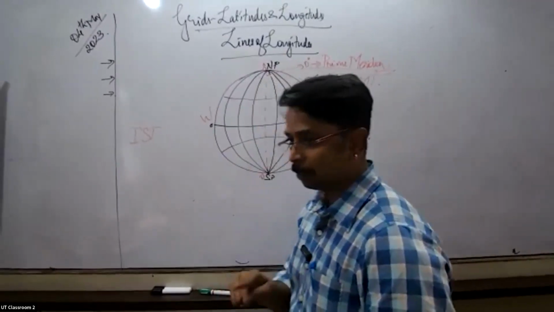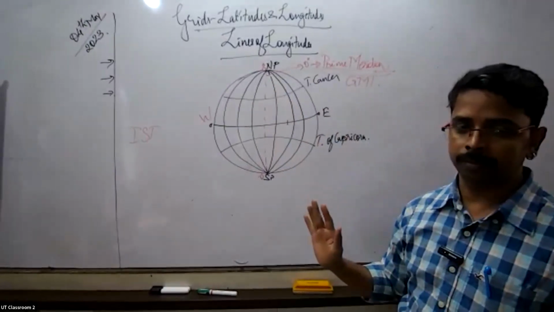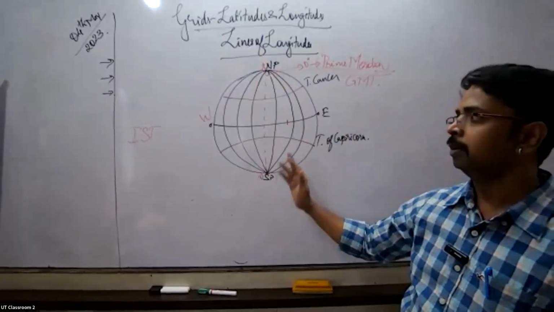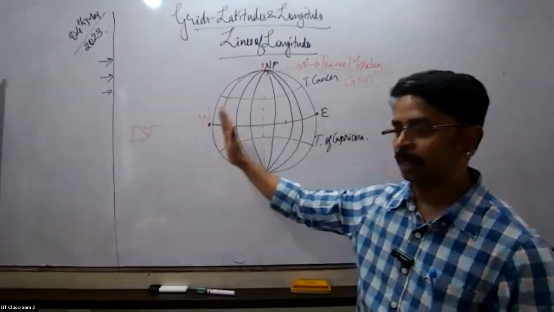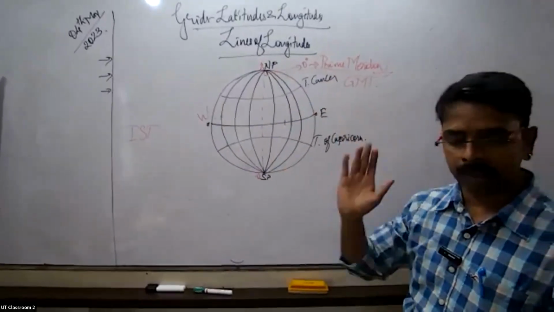Very good. By mistake, if you write equator, 0 marks. Imaginary line connecting north and south pole with western and eastern part of the earth. Absolutely clear? Let us write that.